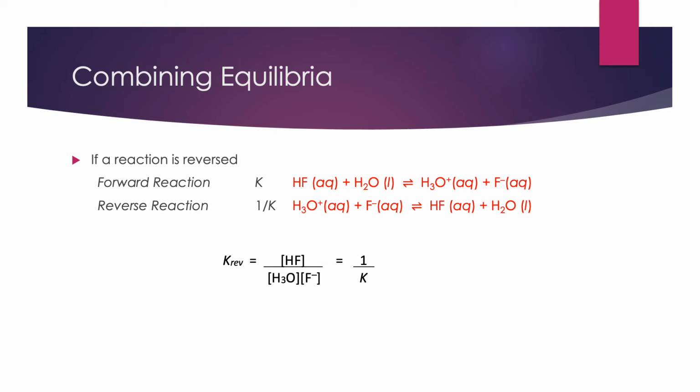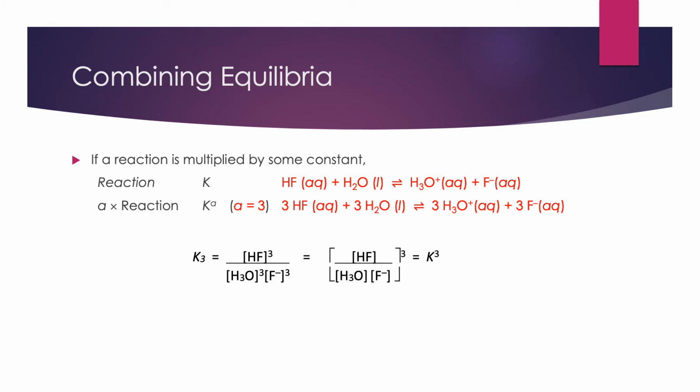So the reverse chemical equilibrium, K reverse, is just the acid dissociation equilibrium, but upside down. So it's equal to 1 over K. And this is going to be generally true also. Whenever you reverse the direction of a reaction, you basically take its equilibrium constant and do 1 over that equilibrium constant to get the equilibrium constant for the new reverse reaction.